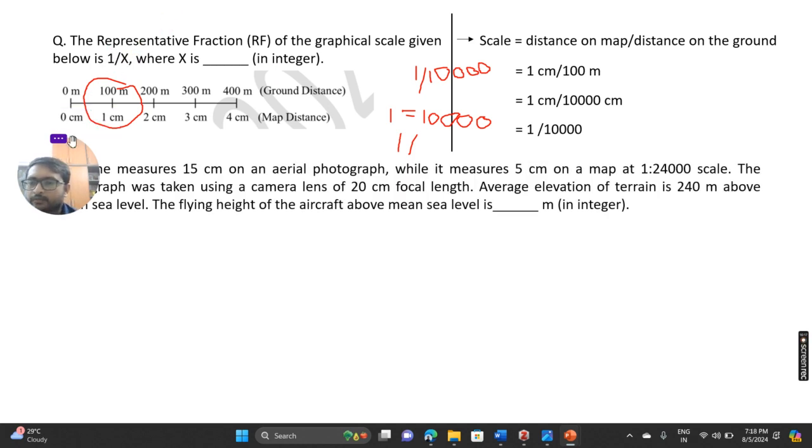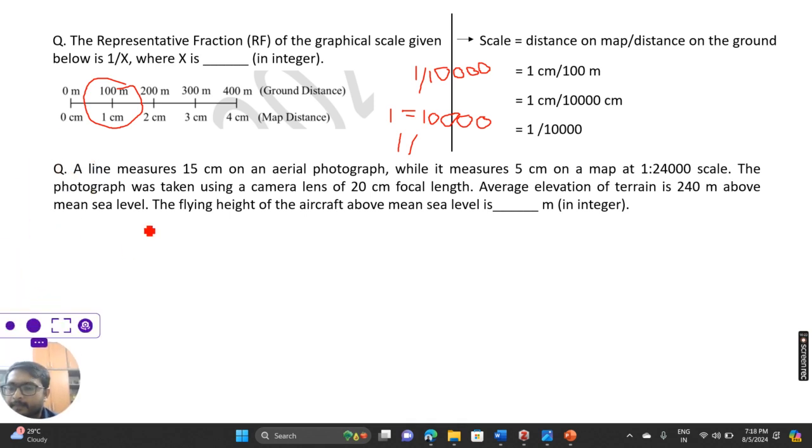So here it is being shown that a line measures 15 centimeter on an aerial photograph. So we have taken one photograph through the aircraft in which we are measuring one line having a dimension of 15 centimeter, while it measures 5 centimeter on map at a scale of 1:24,000.